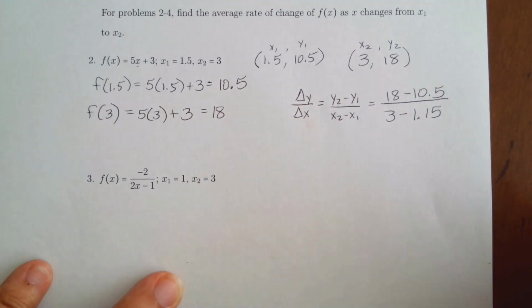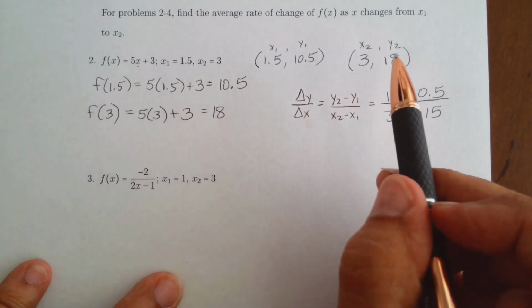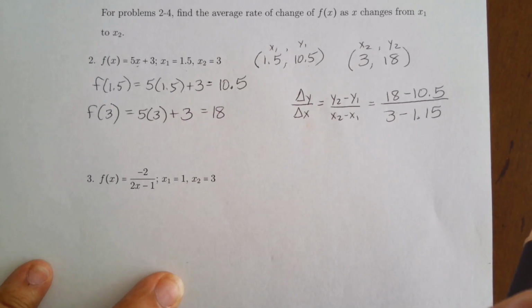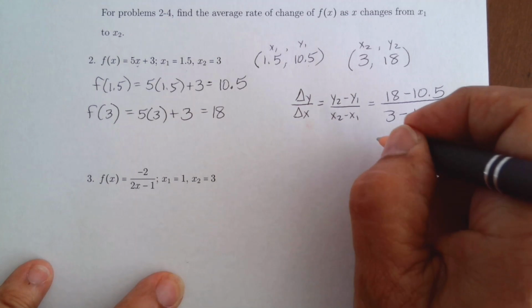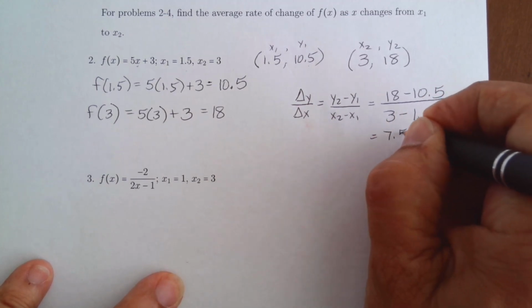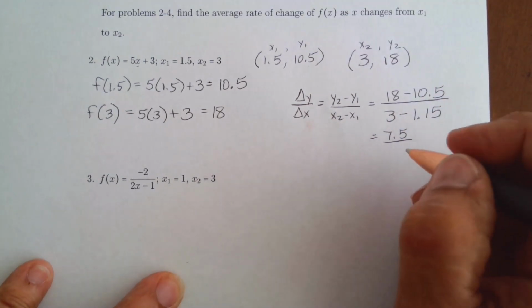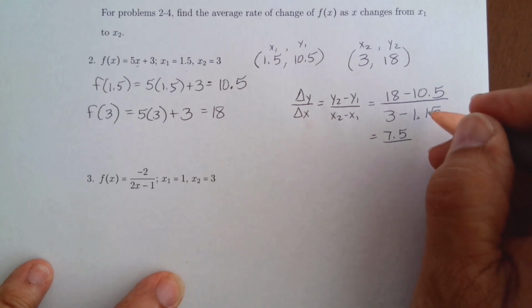Make sure you keep your numbers in the right order. That's why I like to label, so that you make sure you're doing them in the right order. You can't switch things around. All right, so 18 minus 10.5 is 7.5. And 3 minus 1.5.